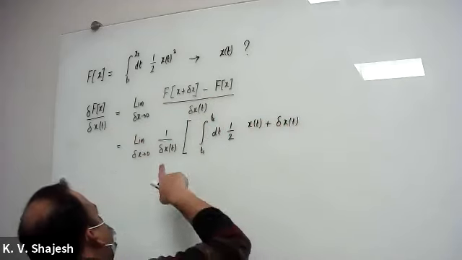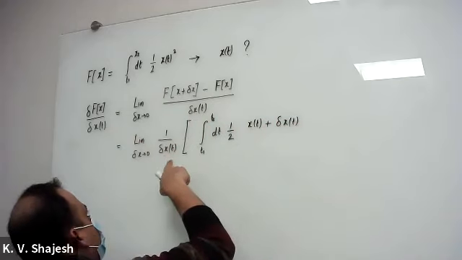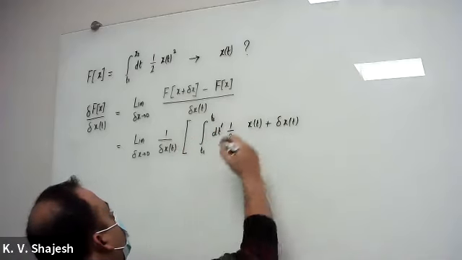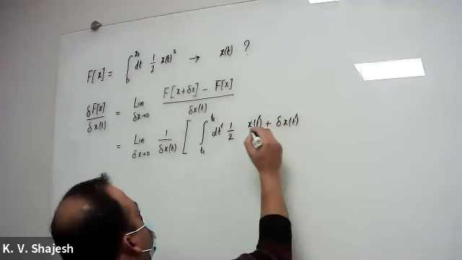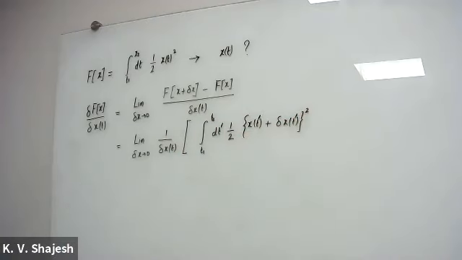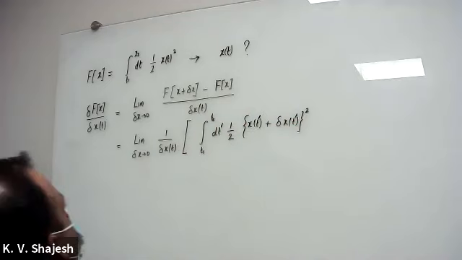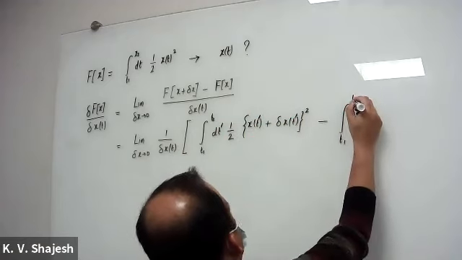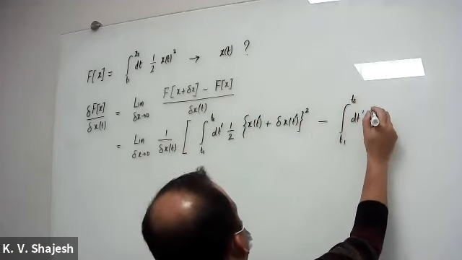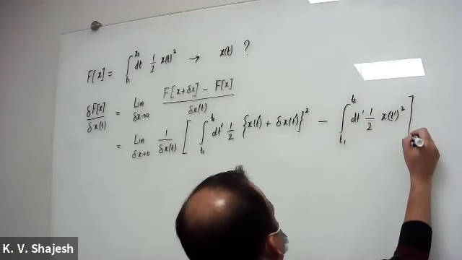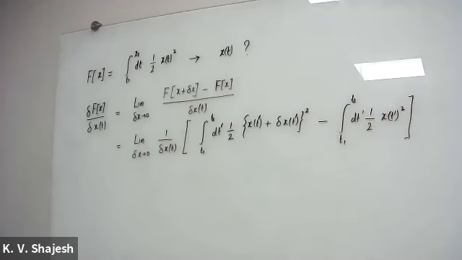Oh, I should not forget that t is an independent variable, so this all should be prime, right? x of t plus delta x of t squared, minus the integral from t1 to t2 of dt prime of x of t prime squared. Hopefully this didn't go away out of the board. No. Okay, good.